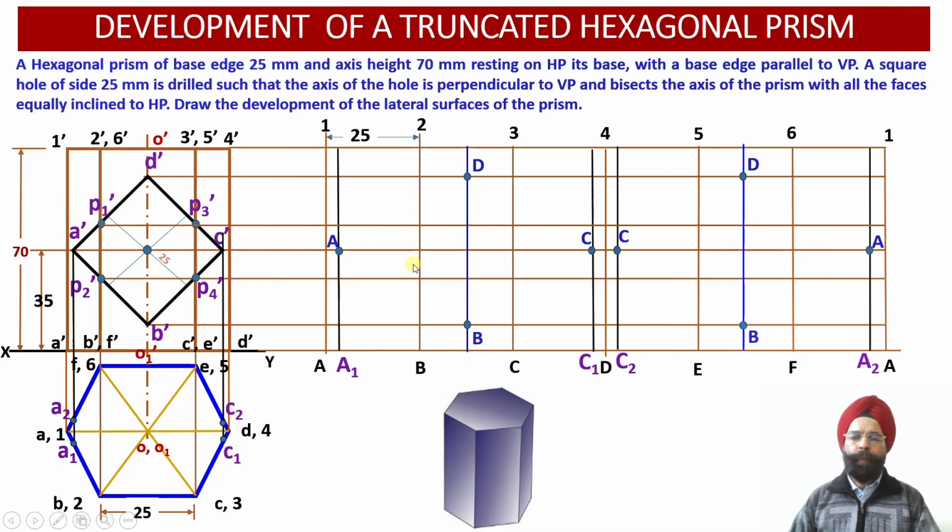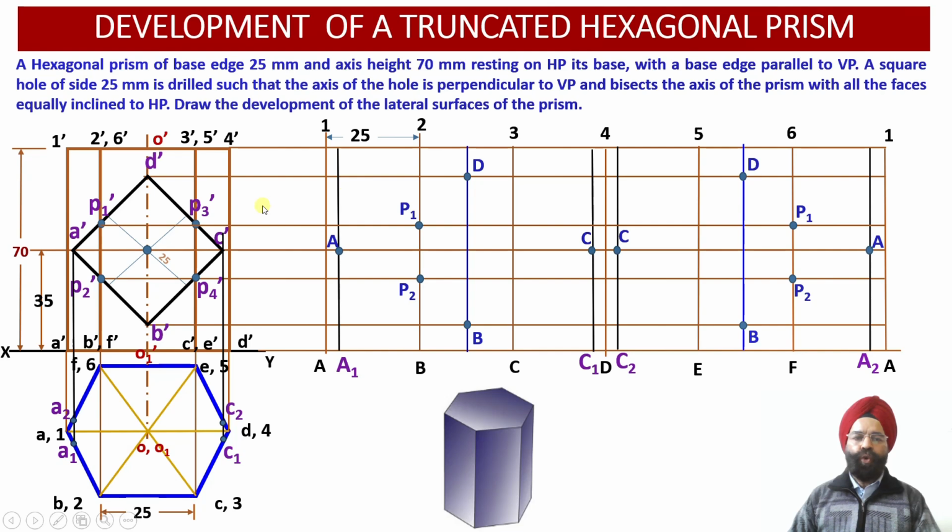Please check, 2B lies here, 6F lies here. So the points P1 and P2 onto the front face have been obtained. Points P1 and P2 onto the rear face have been obtained onto the 6F vertical edge.